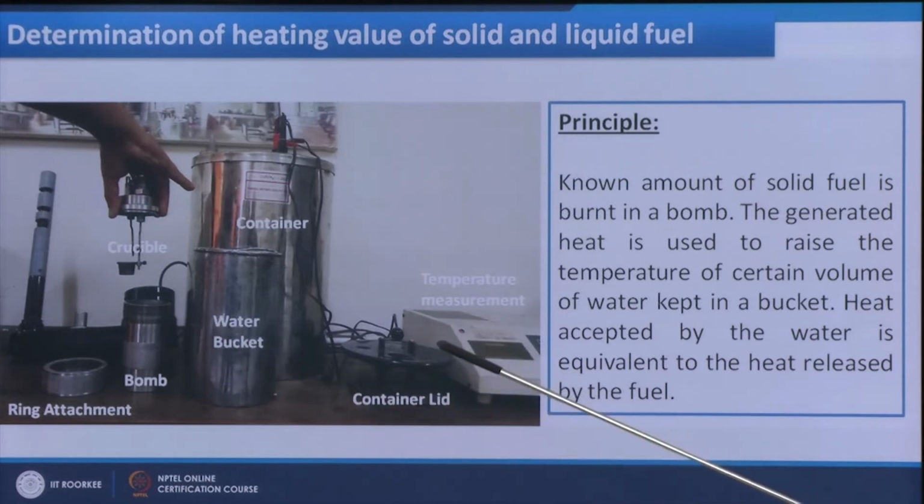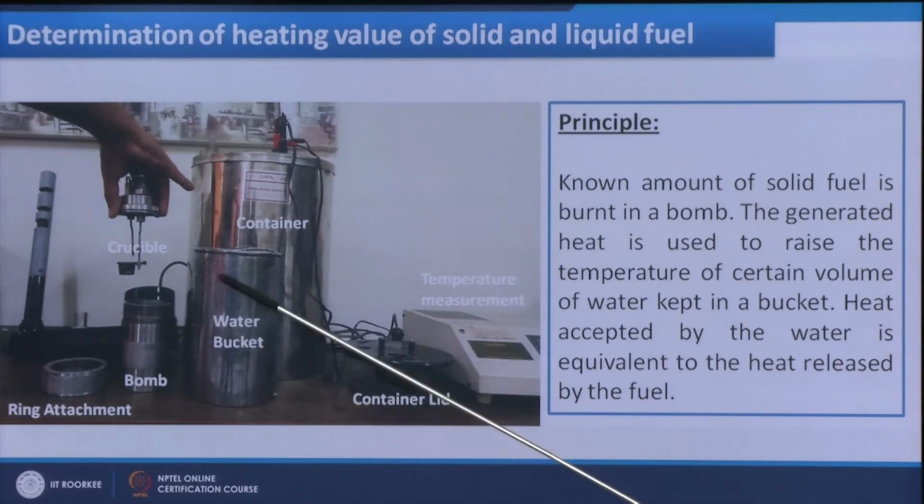So, the basic principle of this bomb calorimeter is that the amount of heat which is being released by the material inside the bomb will be transmitted through this wall and will raise the temperature of the water kept in the water bucket. So, ultimately temperature will rise, but this temperature rise should be say 2, 3, 4, 5 degree centigrade like this.